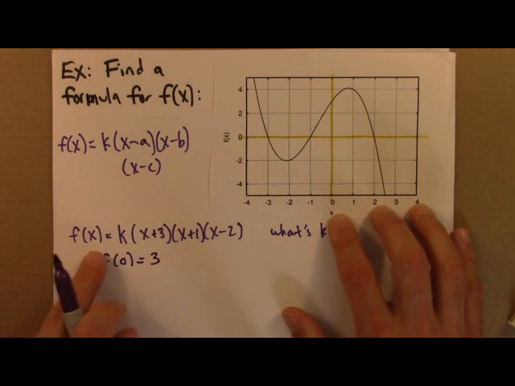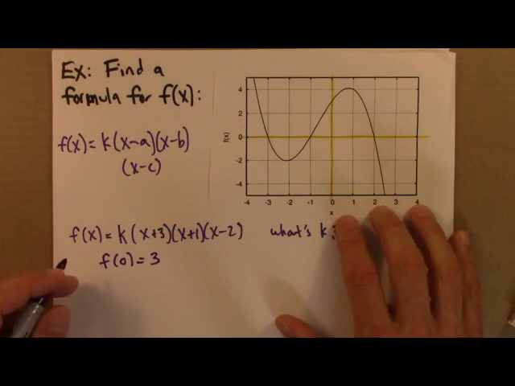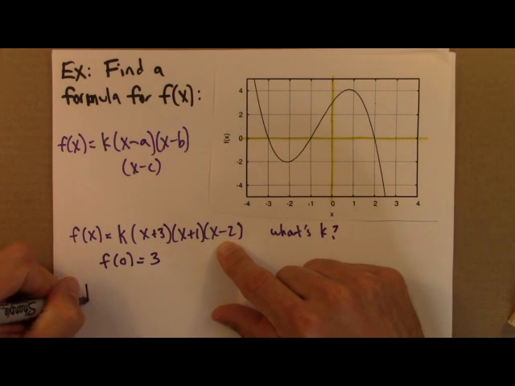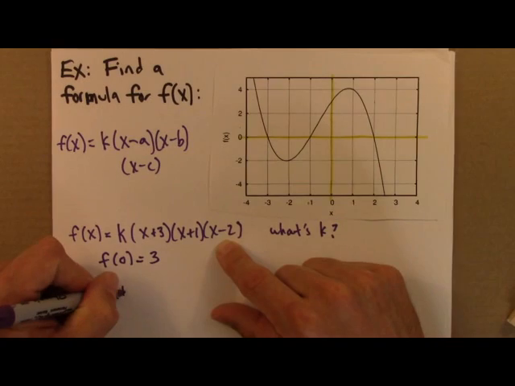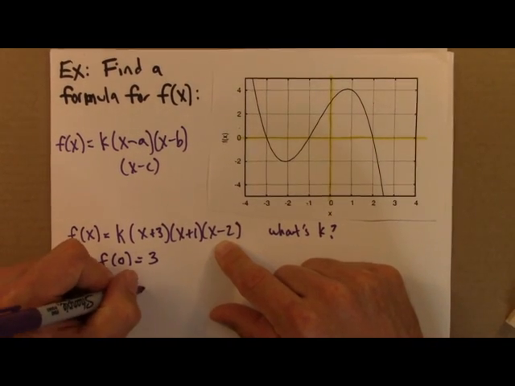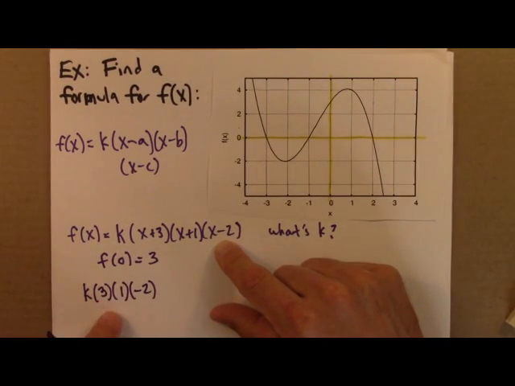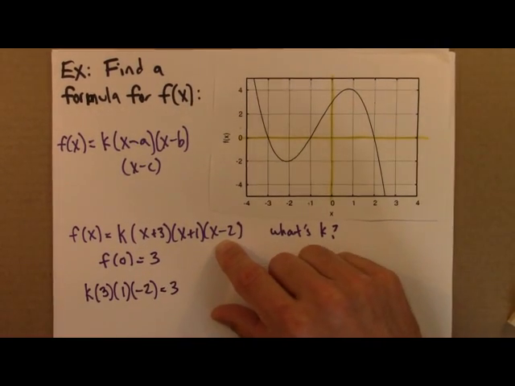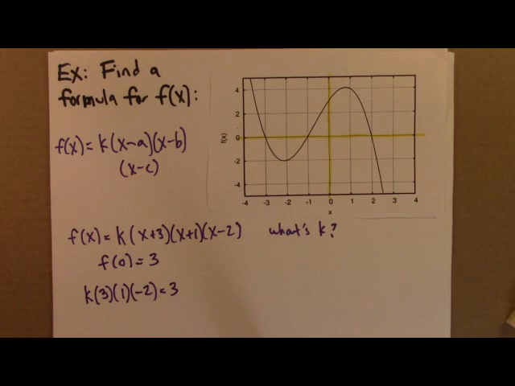And then I can plug in x equals 0 and solve for k. So I'm going to plug zeros in here. So I'm going to have k times 3 times 1 times minus 2. This left-hand side is f of 0, and that has to equal 3. So now my task is to solve for k.